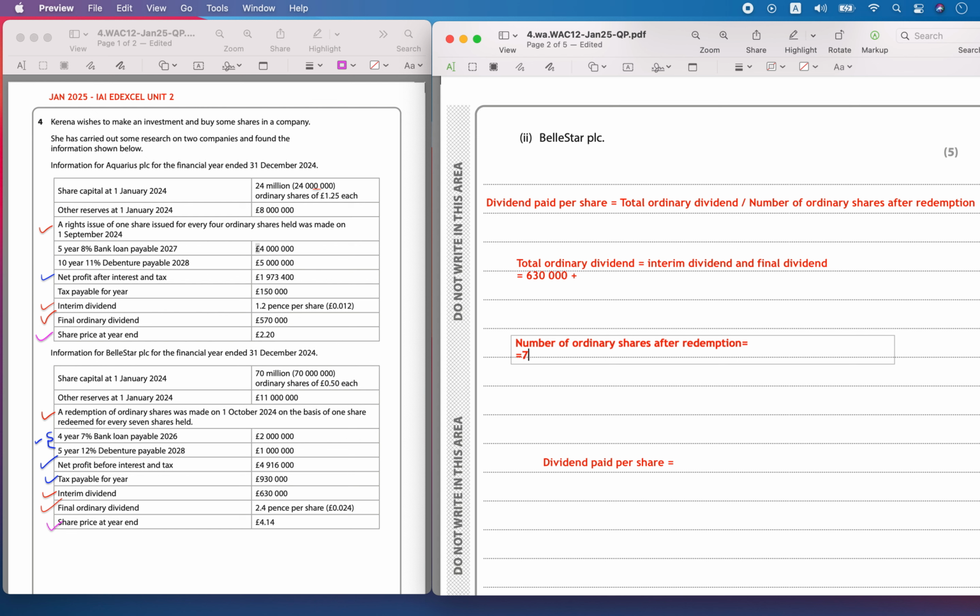So there are 70 million shares. Whenever a redemption happens, it's going to decrease the number of shares of the company. So it is going to be redeemed back.